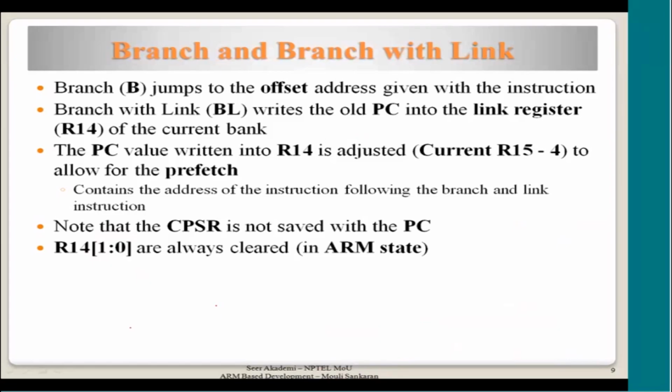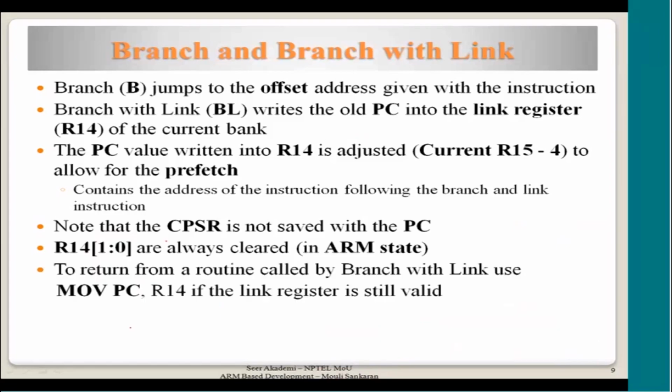Now, to return from the routine called by a branch with link, I am coming to the place where you see how to come back from the subroutine. Remember you went to L2, the processor jumped there.